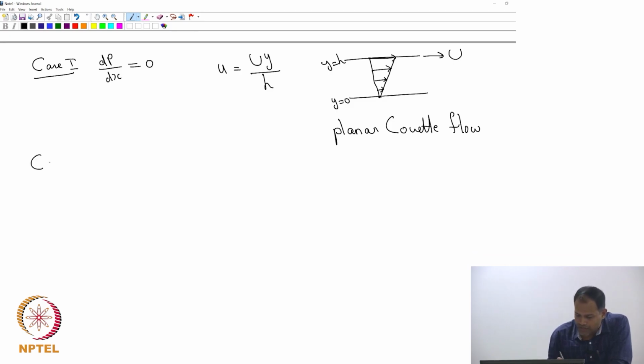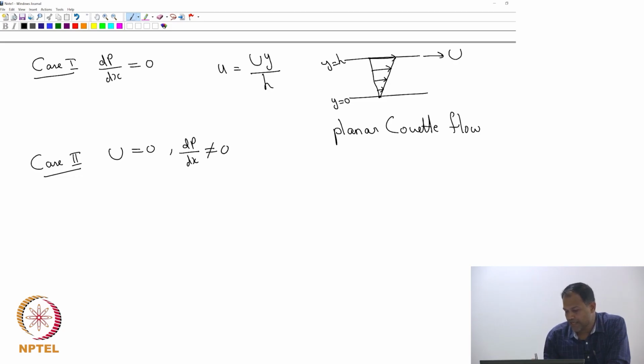So, case 2, U equal to 0. So, that means dp by dx is not equal to 0. So, it means you have imposed a pressure gradient, but you are keeping the wall velocity 0. So, it is two stationary plates, you have fluid in between and you have imposed a pressure gradient.